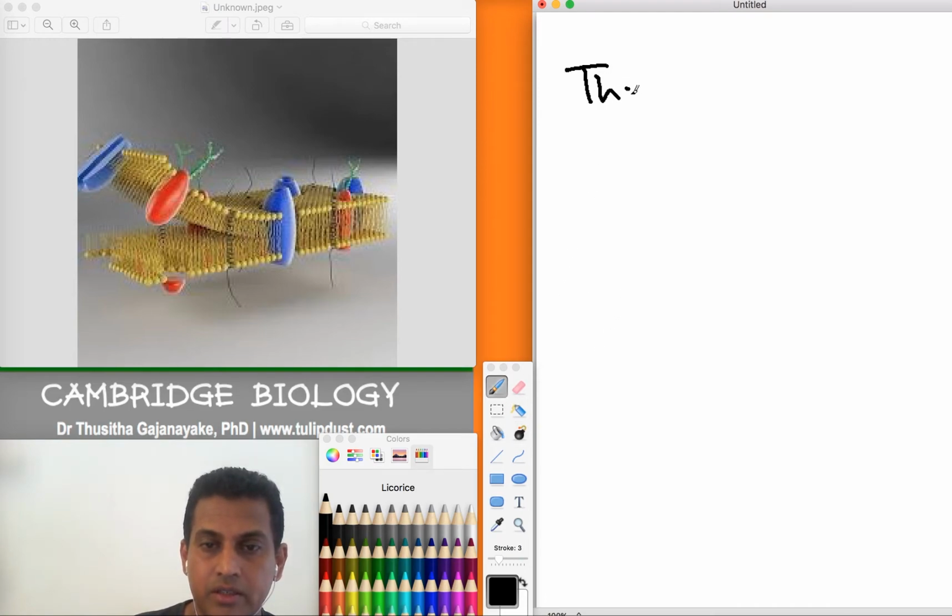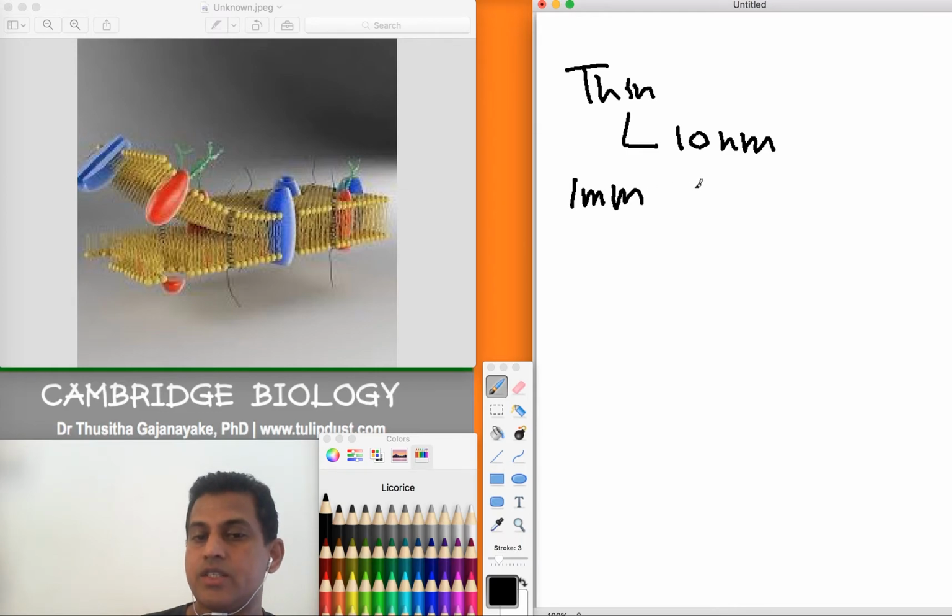The cell membrane is very thin. How thin? It could be 10 nanometers in thickness. To see what 10 nanometers means, we can guess what 1 millimeter is; we can see it in a ruler. If you divide this 1 millimeter into 1000, it is 1 micrometer. That means 1000 times smaller.